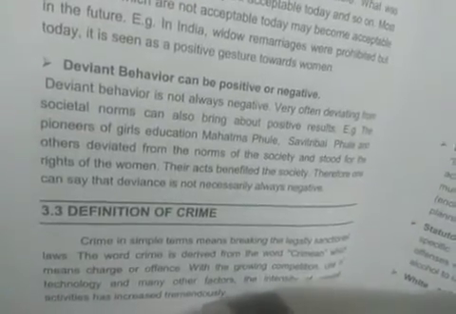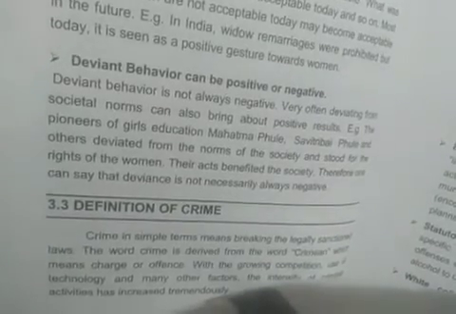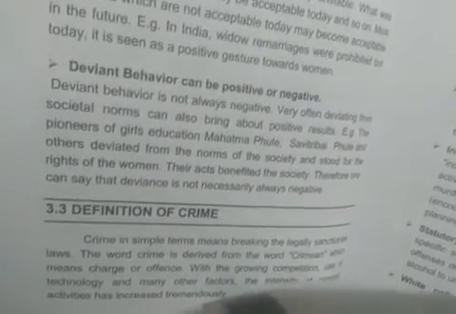Example, even today intercaste marriages may not be accepted in many societies, whereas other societies may not only accept but also support such marriages. What is deviant may change from time to time. It can be said that deviant acts are usually unstable.